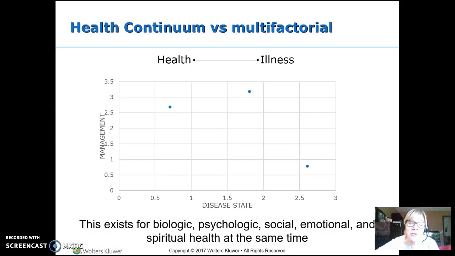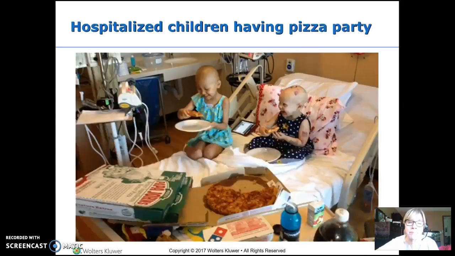And then in nursing, we say people are not just biologic functions, they're a bio-psychosocial, emotional, spiritual being. So really, you have a point for each of those. So now we'd say health is more of a scatter plot and not just that single continuum. Because you can be in the hospital and have a pizza party with your best friend.